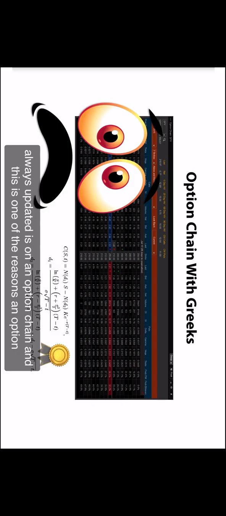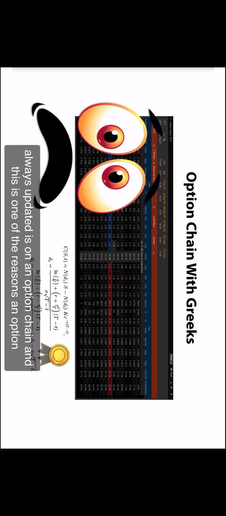Now, where do you get this information from is the next question. How do I find the delta? When you have a brokerage account, they'll have several different ways to do this. You can do it through the web, and they'll have what's called an option chain. One of the best places to find out what the delta is, and it's always updated, is on an option chain.